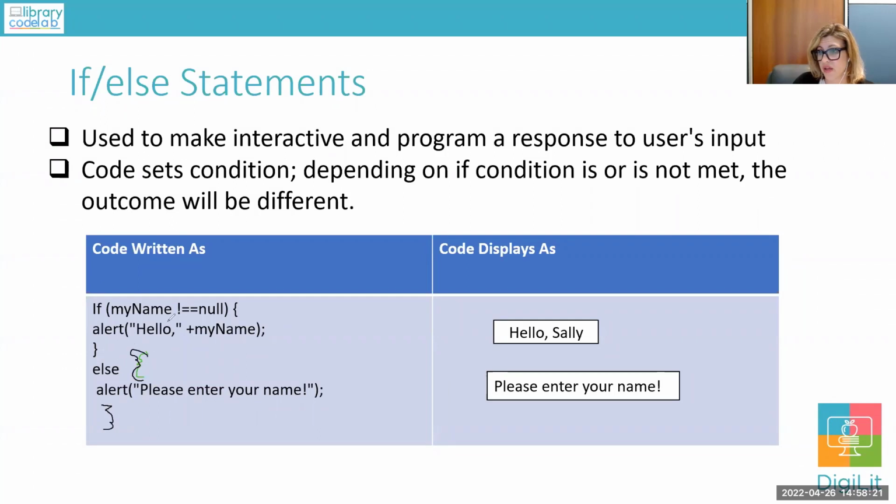Just like right here, where you've got your bracket, then your alert, what goes inside the parentheses, your semicolon, and then your bracket. For your else statement, the correct way to write it would be else bracket alert, the code and your string inside the parentheses, and then your bracket here. So that's a great catch. Does that answer your question? Yes, thank you. Okay.